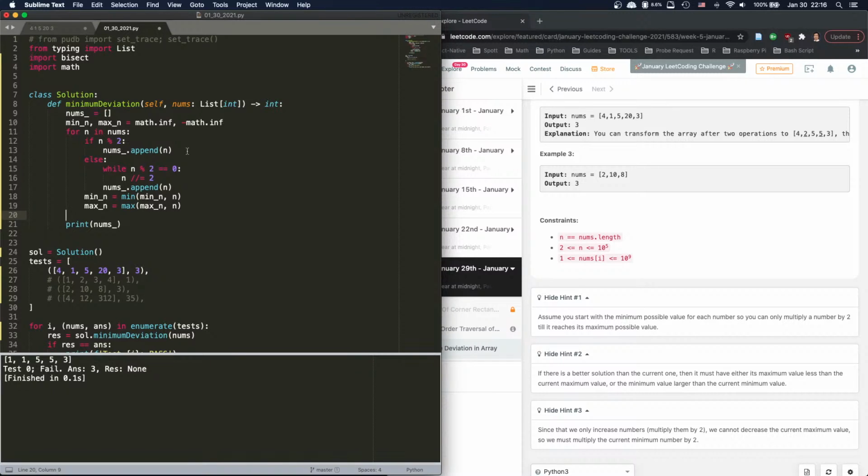I think increasing this does not decrease the current max value, so we can only increase it.